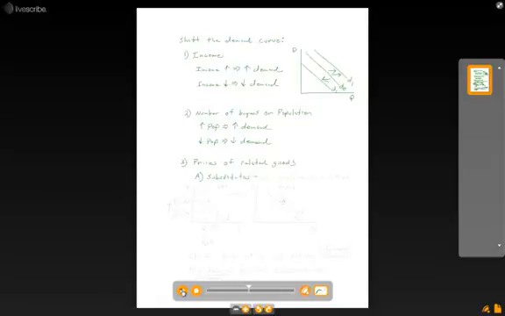Now substitutes are goods that can replace each other. So 87 octane gas and 92 octane gas, Nike and Reebok, Dell and Hewlett Packard, Ford and Chevy, right? All of those would be considered substitute goods.